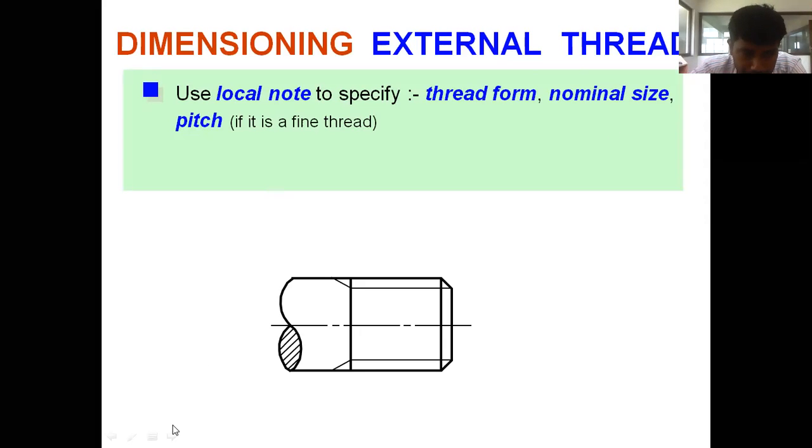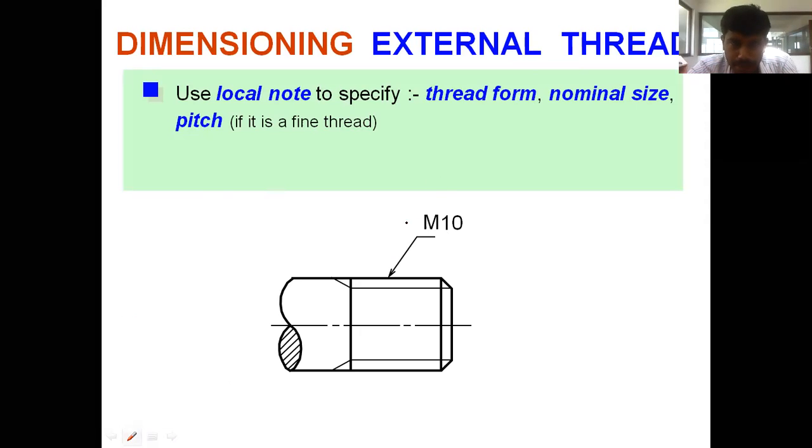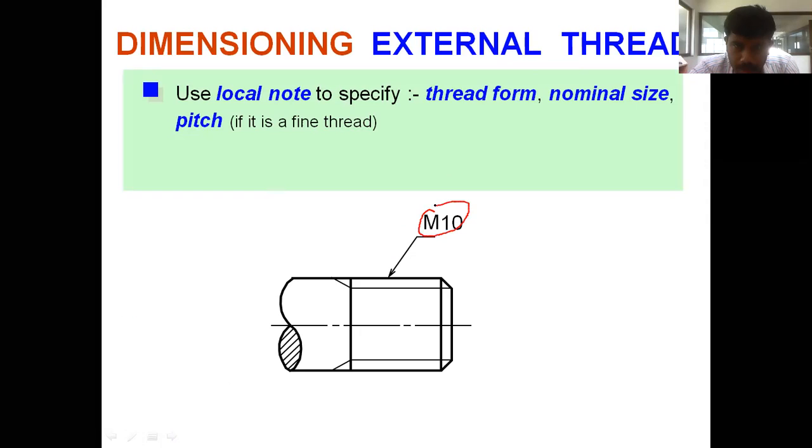If it is a fine thread, for example M10, M is for metric, and 10 is the diameter, the major diameter.